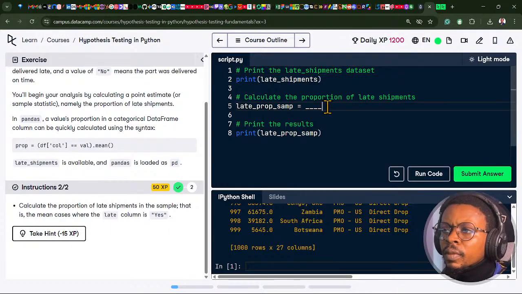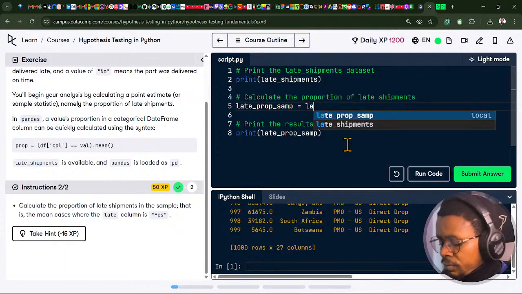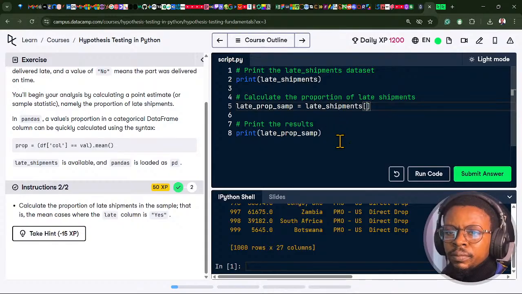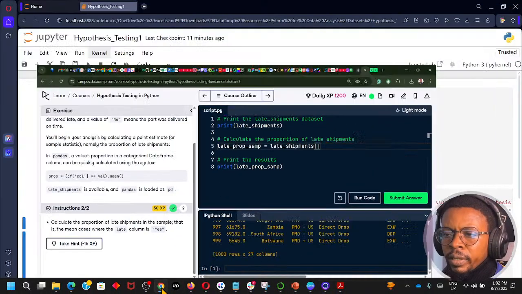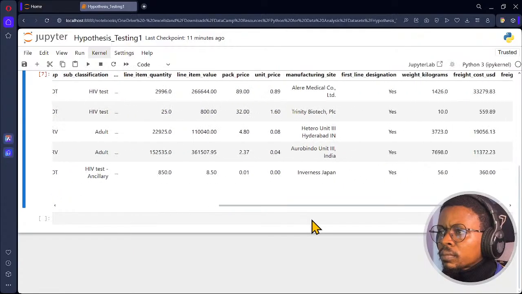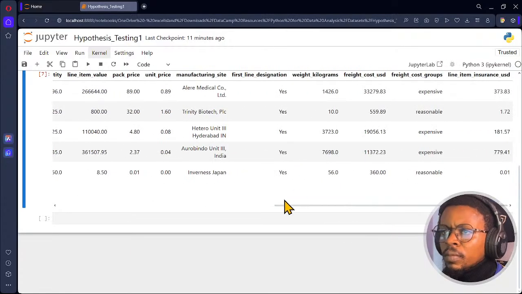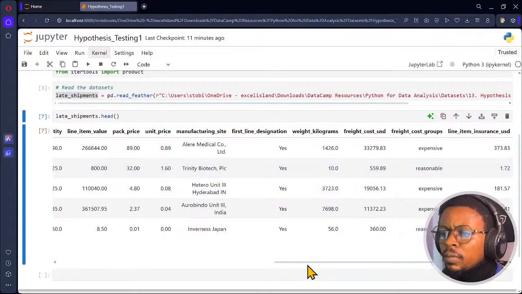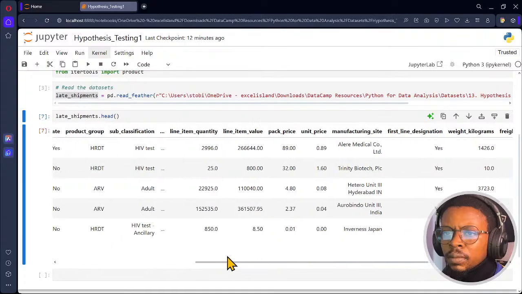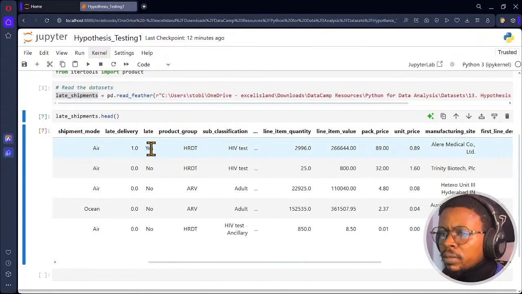Okay. That will be late shipments. Then the column that we want. The late column, right? So we want the late column.